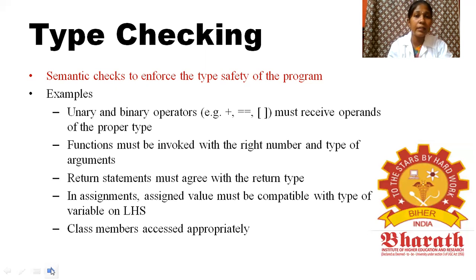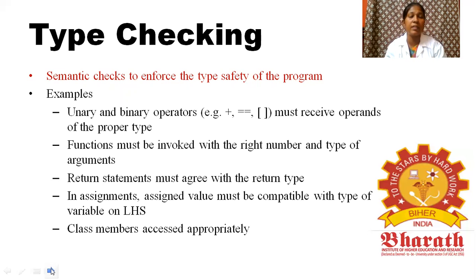For example, int m, in braces int n. Here m is a function, and in the brackets n is the argument. The function must be invoked with the right variable which has been declared in the argument. If it is invoked with a wrong variable, then it is a type error.